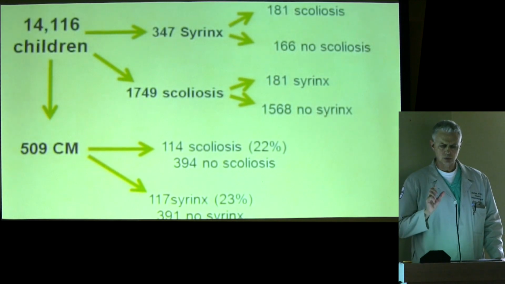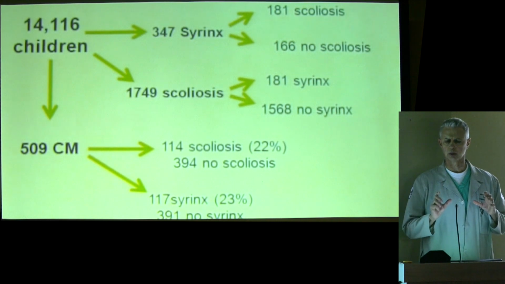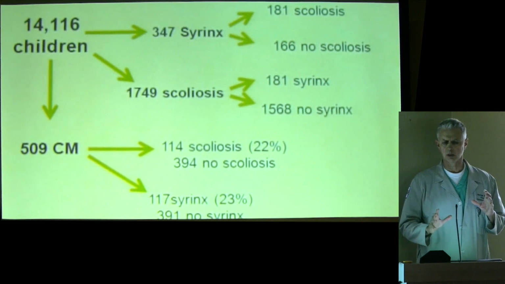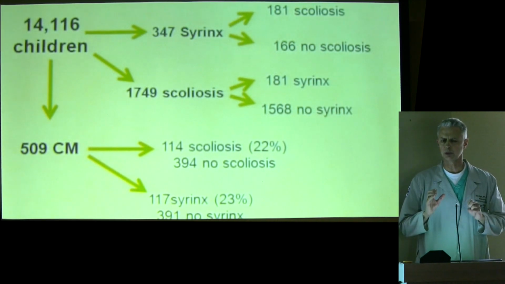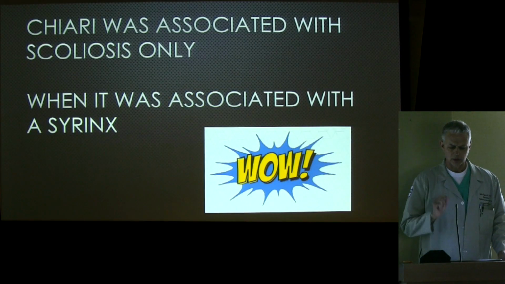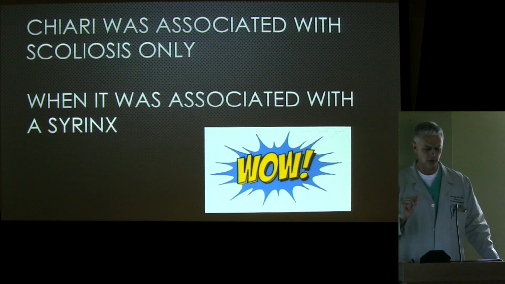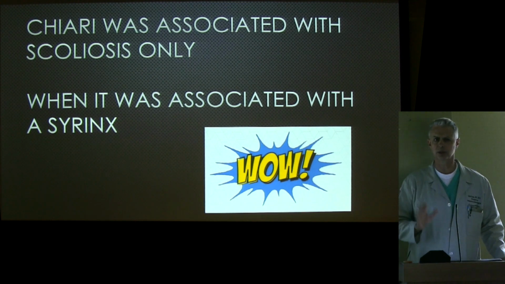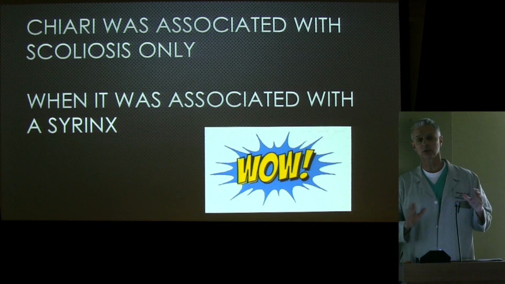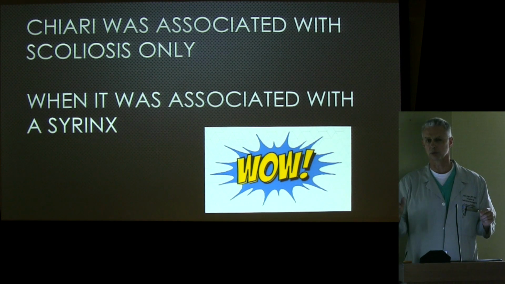And it's really interesting because what they did is they looked at the factors and said, okay, what are the associated factors? If you just had a Syrinx, what would be associated? And what they found was that Chiari was associated with scoliosis only when there was a Syrinx present. But when there wasn't a Syrinx present, there was no association of Chiari with scoliosis.